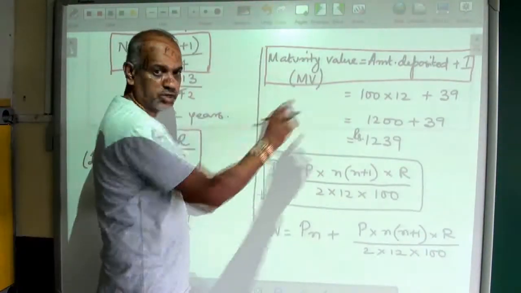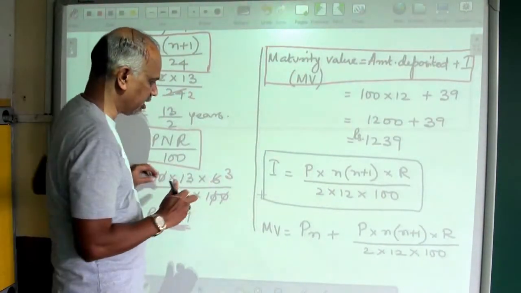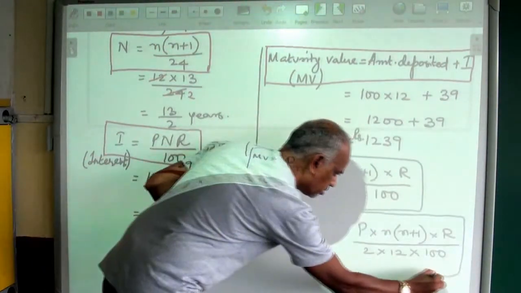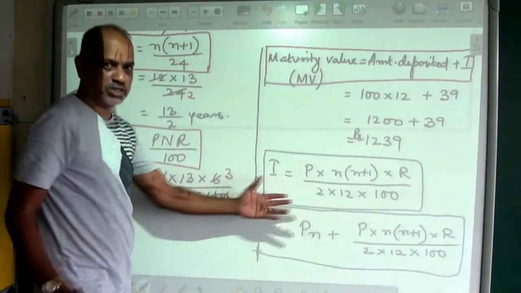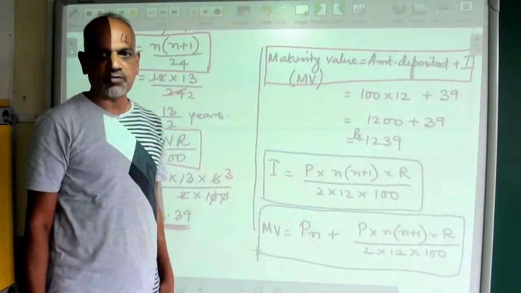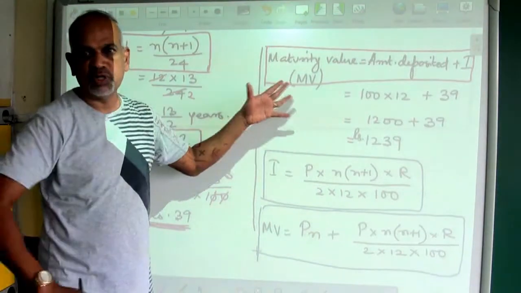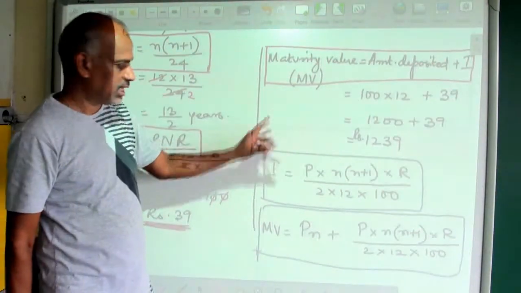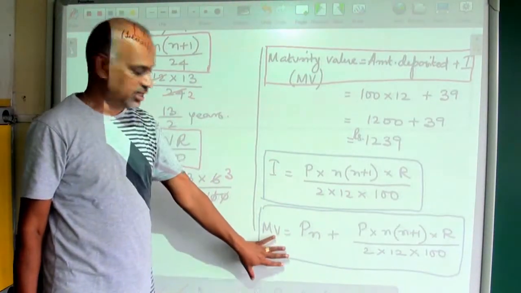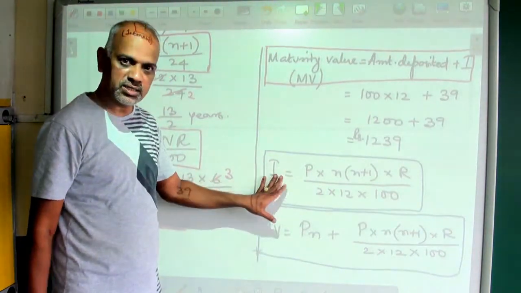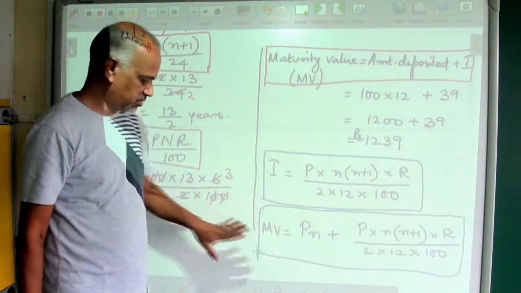Together you can find maturity value using a single formula. So whichever you find easy, use that formula. This is the normal way I am going to show you all the calculations. If you want, you can use these separate formulae for finding interest and for finding maturity value.